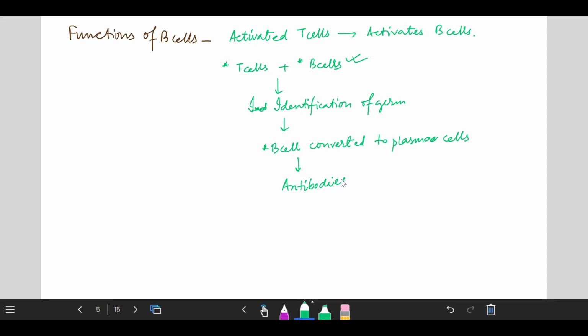Clear to you? Now another kind of immunity we need to understand, that is herd immunity. That is also a type of immunity. Now herd means when a large portion of the community or large portion of people are involved. Clear?